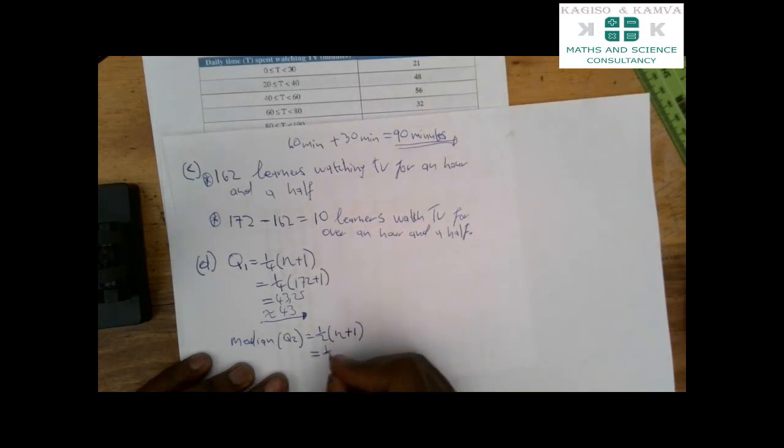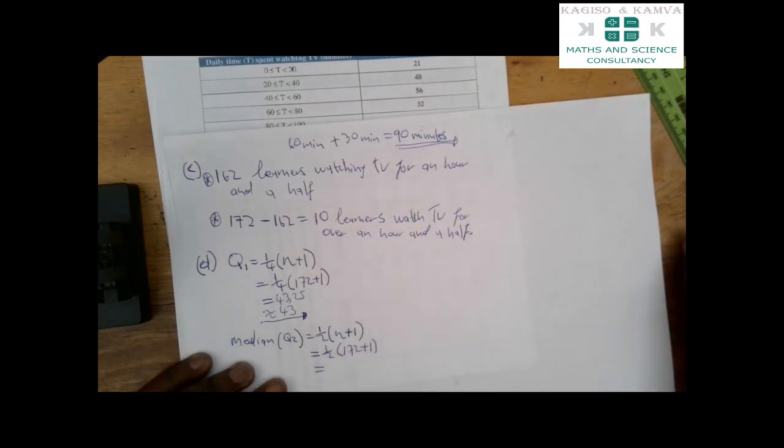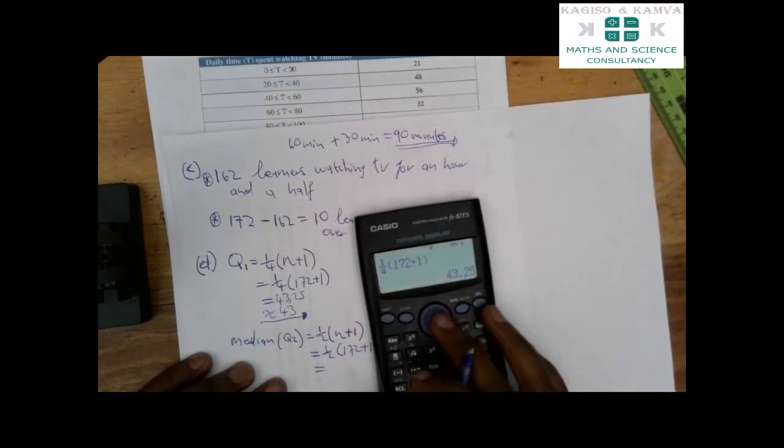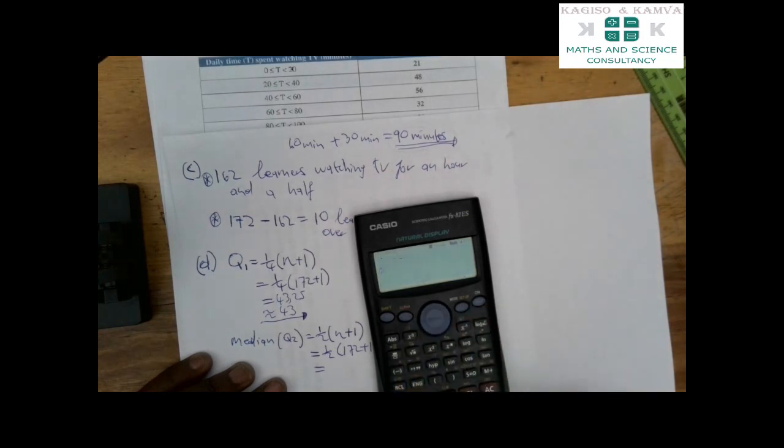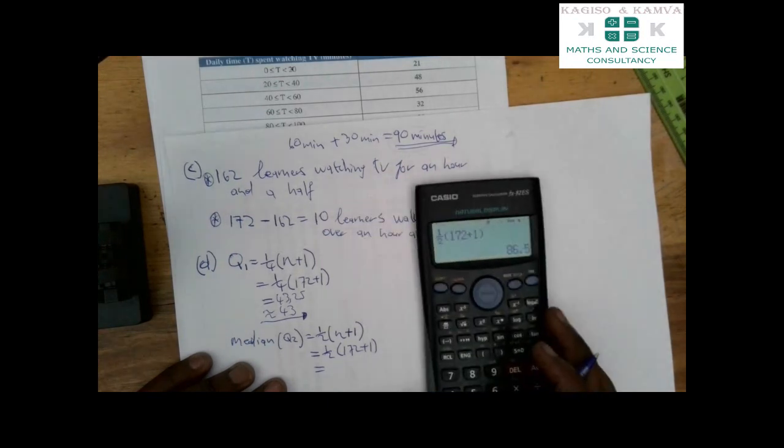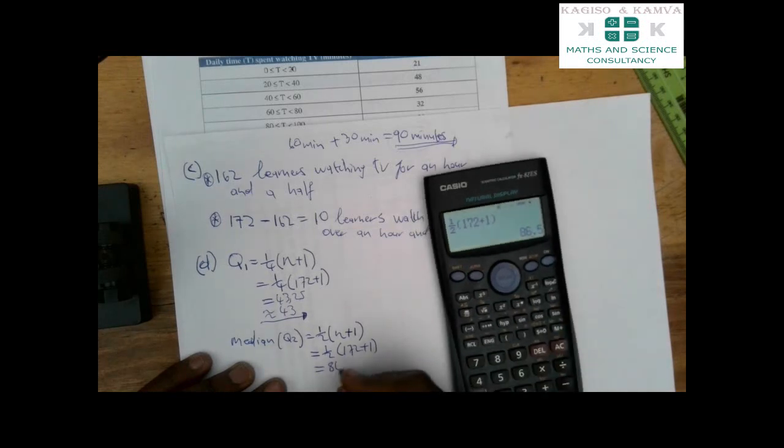That will be 1/2 of (172 plus 1). So the position of Q2 will be 86.5.